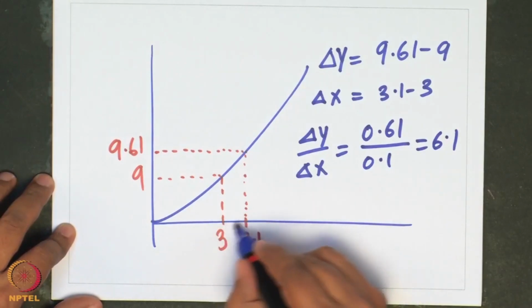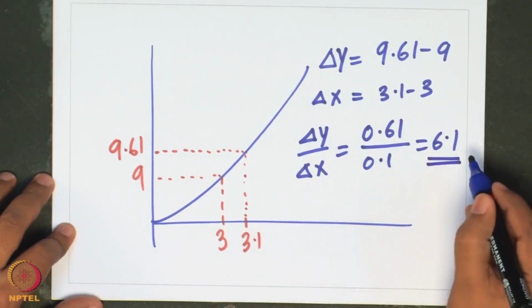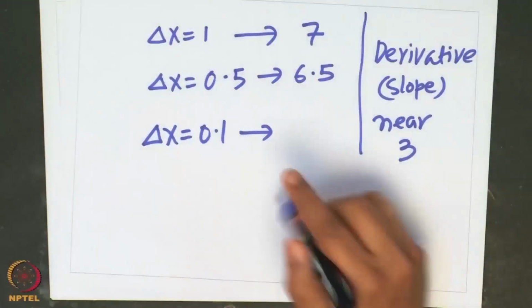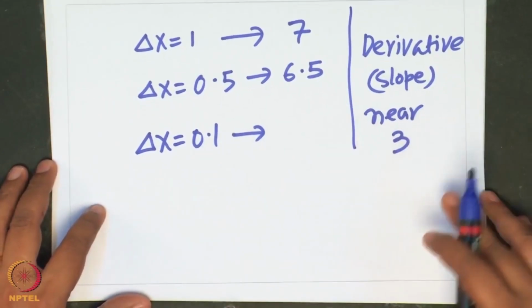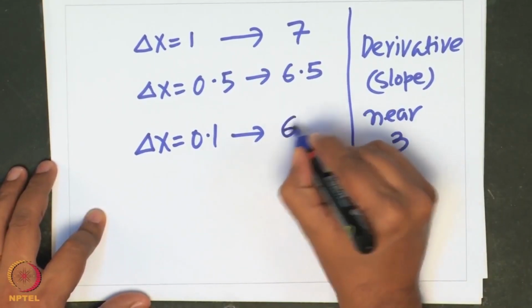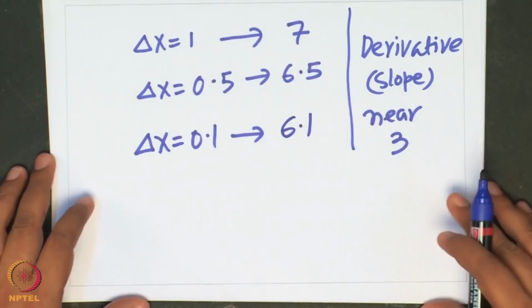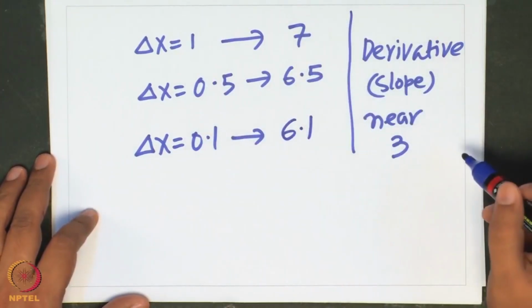So between 3 and 3.1, the slope turned out to be 6.1. So as I decrease the delta x, the slope seemed to change.